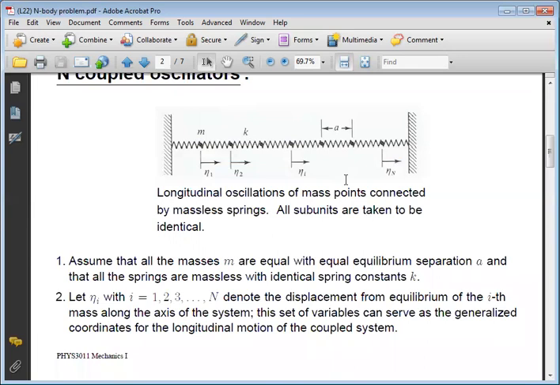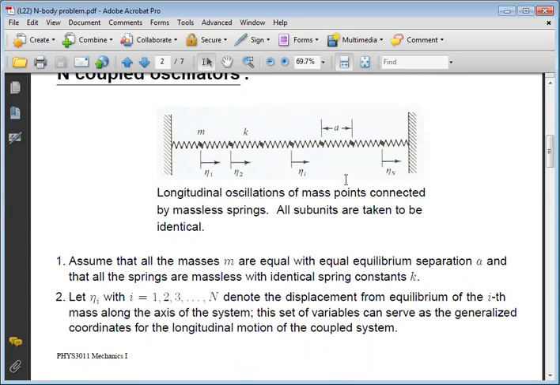So we have this kind of symmetry, so we can get very nice results for the n by n determinant, and we can obtain the n eigenmode solutions very easily.